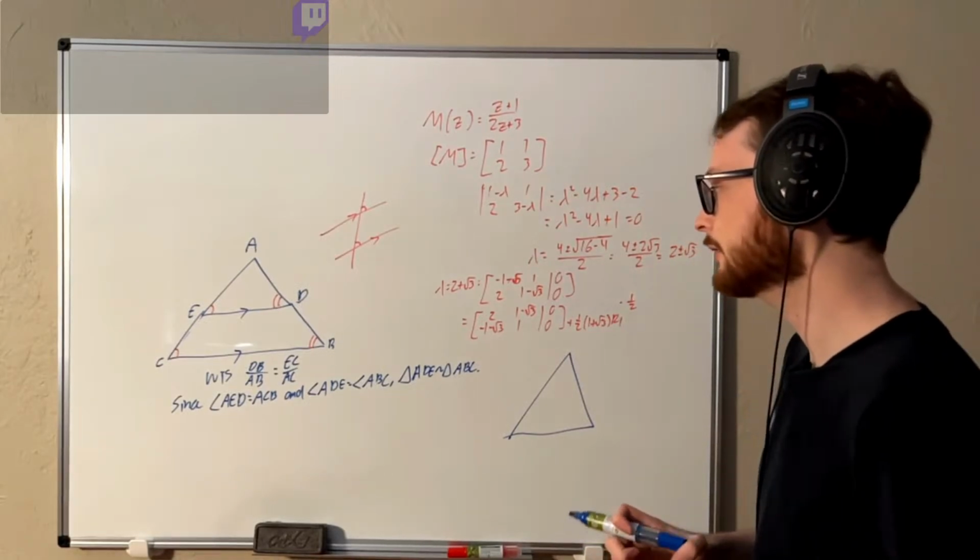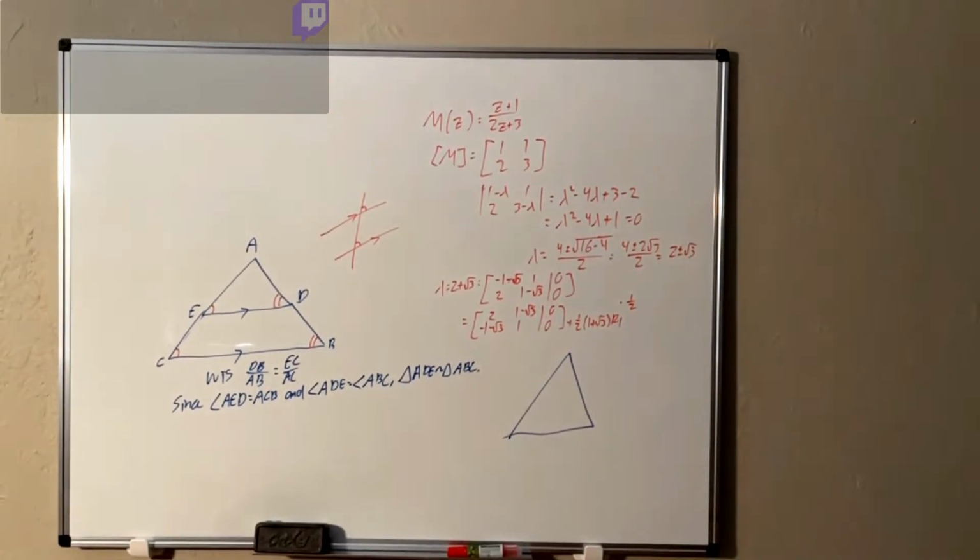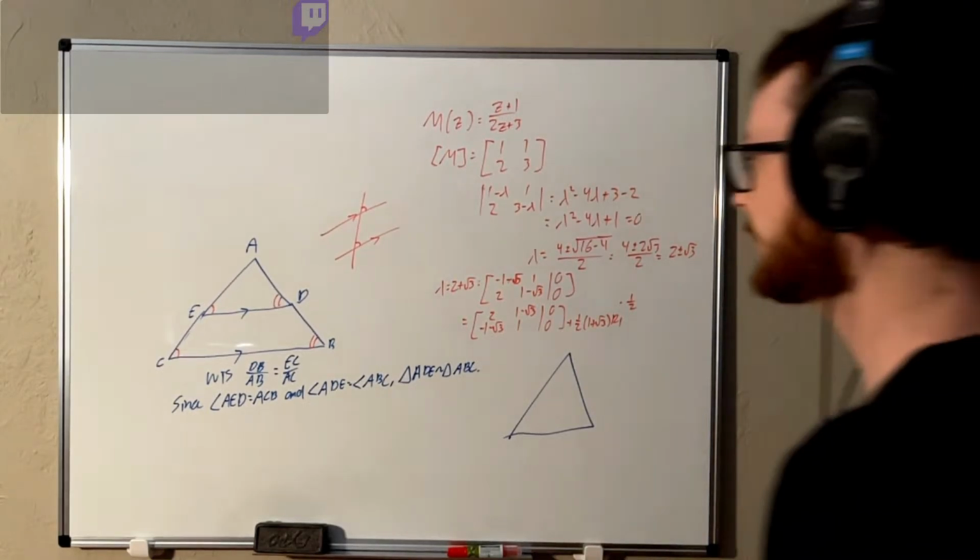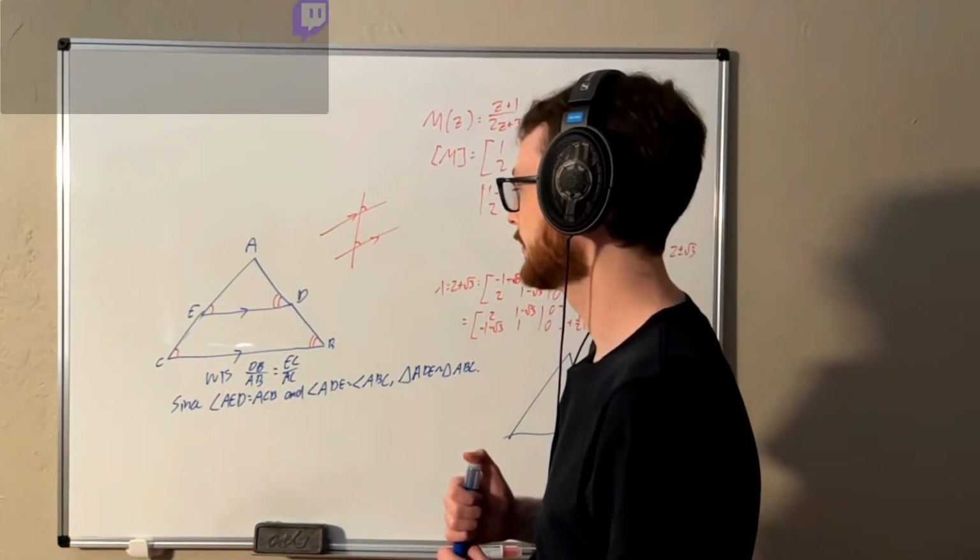Isn't this actually, wait. Let me look again at what you wrote. DB over AB. EC over AC. So actually, I think the actual proof that we're doing is a little bit shorter.